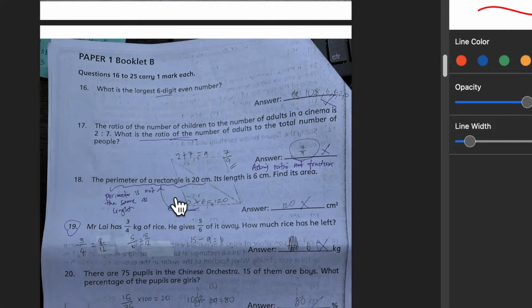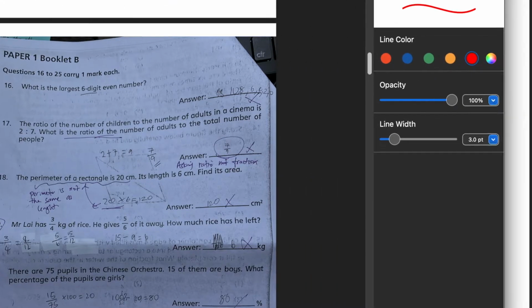The perimeter of a rectangle is 20 centimeters. Then the length is 6 centimeters. I think what you have mistaken here is that perimeter is not the length and it's not the breadth. You have mistaken this as 20 centimeters and then here is 6 centimeters.